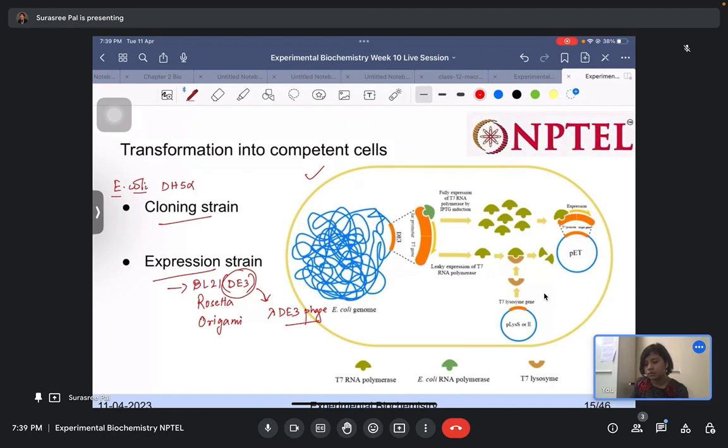So this plasmid DNA, where our gene of interest is cloned, contains this T7 promoter. This T7 promoter can be recognized by the T7 RNA polymerase, and this T7 RNA polymerase can sit on this T7 promoter and express our gene of interest.